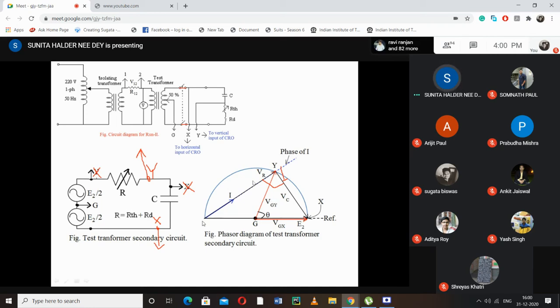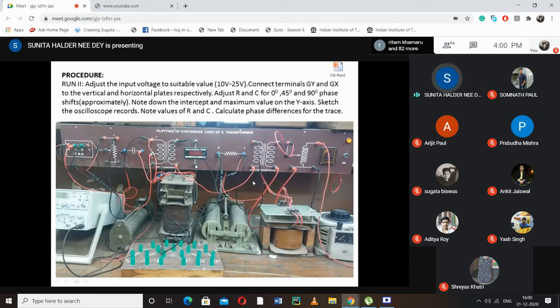Let me explain. For this experiment, we shall connect the secondary, adjust the input voltage to a suitable value, 10 to 25 volt, and connect the terminals VGX and VGY to the vertical and horizontal plate respectively. Adjust R, not C, only R, for 0 degree, 45 degree, 90 degree phase shifts approximately, because we shall not get exact in the oscilloscope.